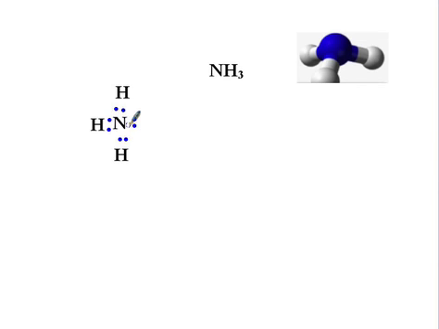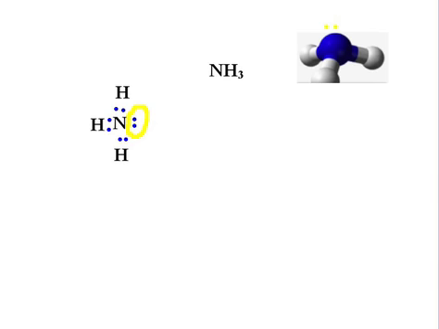Now nitrogen is complete and each hydrogen is complete, but notice there is a pair of electrons right here that doesn't have anything near it. So that pair of electrons is actually available for something else to come along and share. So that pair of electrons would be up here.